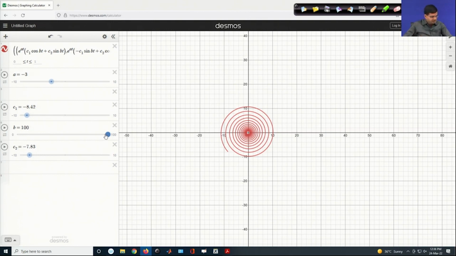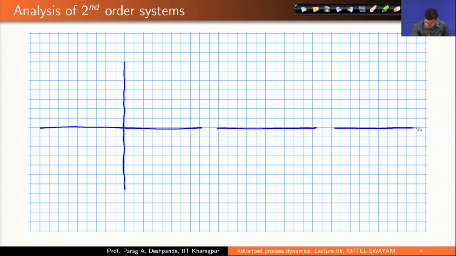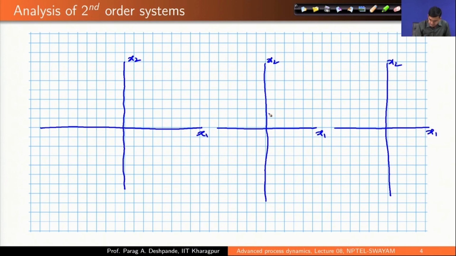So, therefore, now I have 3 types of phase portraits: x1, x2, x1, x2, x1, x2.